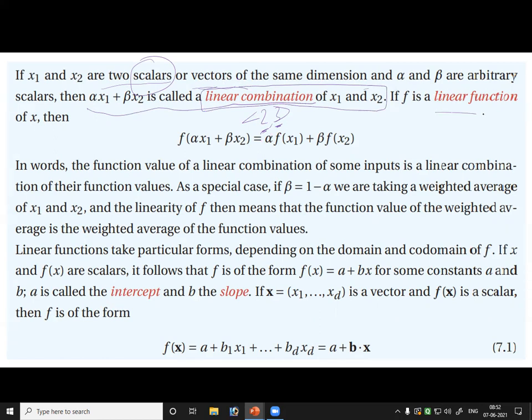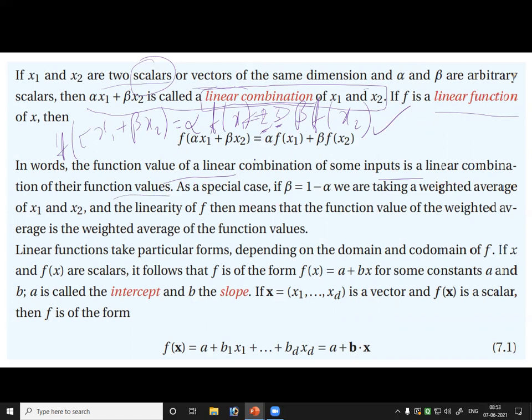And what do you mean by a linear function? A linear function is f of alpha x1 plus beta x2 is equal to alpha into f of x1 plus beta into f of x2. This is just a notation. The function value of a linear combination of inputs is a linear combination of their function values.